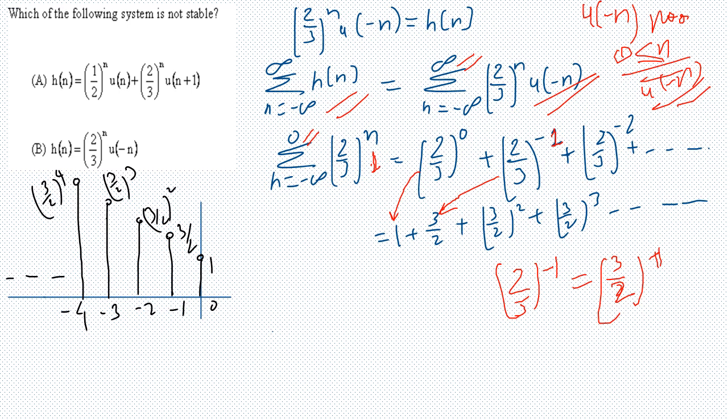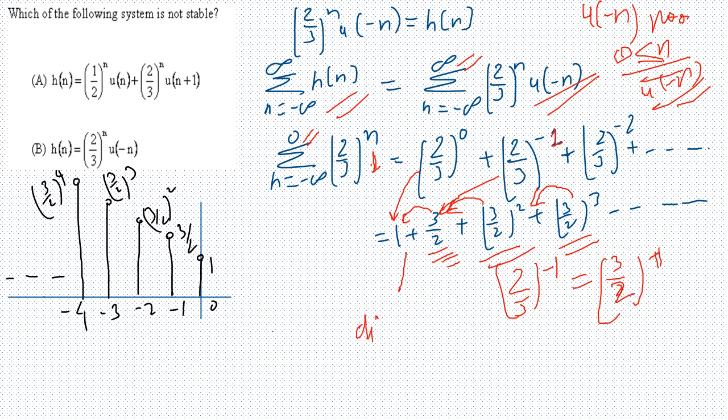So it becomes 3 by 2, 3 by 2 squared, 3 by 2 cubed. Now you can already see that each succeeding number is always greater than the preceding number. 3 by 2 squared is greater than 3 by 2, and 3 by 2 cubed is greater than 3 by 2 squared, and so on. So you can't sum this up.